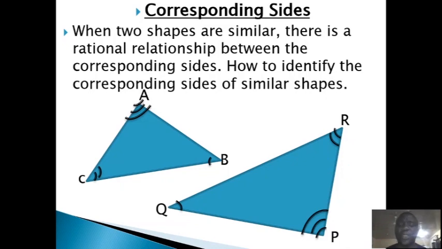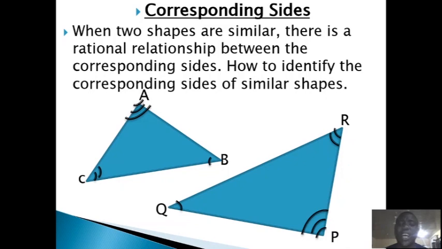The same thing applies with this one. A is also in the same position, B is also in the same position as C, but Q is not in the same position. So B and Q are equal angles.